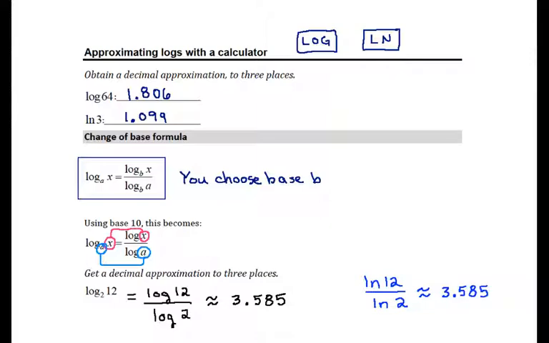So it really is your choice what base you change it to. If you prefer working with common log, go ahead and just change it to common log anytime you need a decimal approximation. If you prefer working with natural log, choose natural log. Or if you want to look at your expression and see if maybe it has some e's in it, then you'll choose natural log. Maybe it has some numbers that look like powers of 10, then you would tend to choose common log.